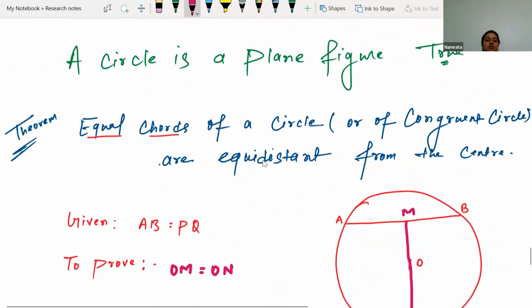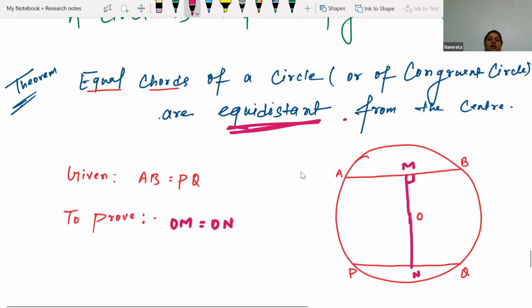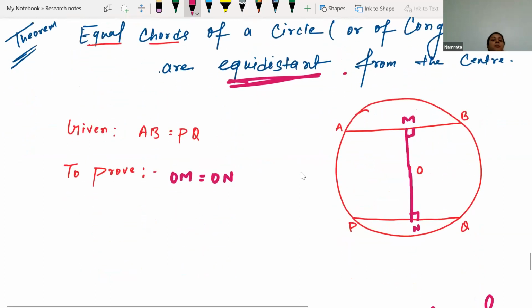Let's get back to our question. Equal chords of a circle are equidistant from the center. Center is a point and chord is a line, so equidistant means we have to check whether the perpendicular distances are the same or not. We have to check whether this OM, which is perpendicular, and ON, which is also perpendicular to the chord, are the same, because distance means perpendicular distance.